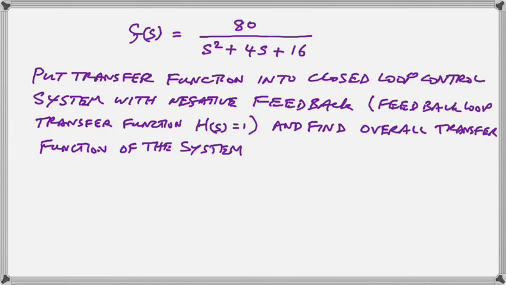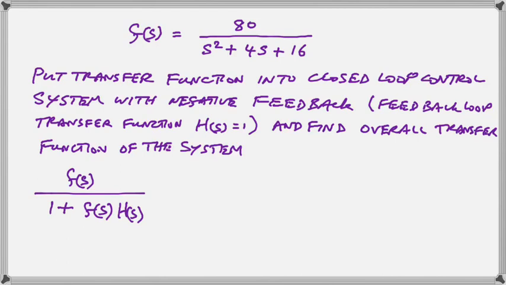Now, for ease of doing this the first time around, we are going to set the feedback loop transfer function to 1. Okay, so that will make your maths very easy, because the correct formula to use for any feedback, whether positive or negative, is shown.